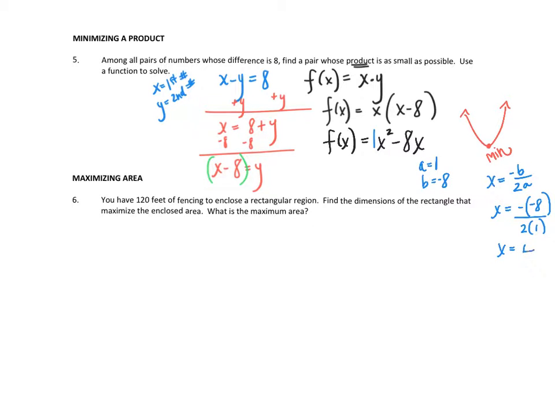So that's going to give me x equals 4. Now, what does that mean? That means I can now plug in 4 back into my function.